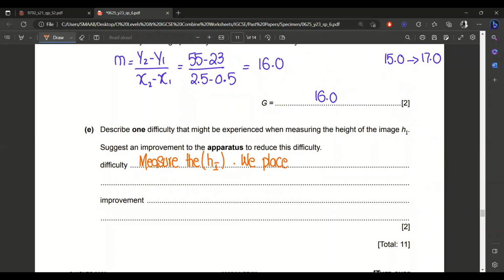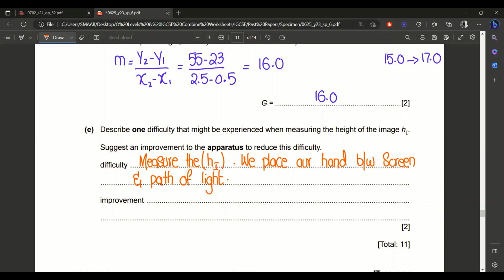During measurement, we place our hand between the screen and the path of light. So when we record the reading from the screen, our hand will be between the path of light and the screen. The original image will not form correctly on the screen, because our hand is between the lens and the screen, so the shadow of our hand will also form on the screen.